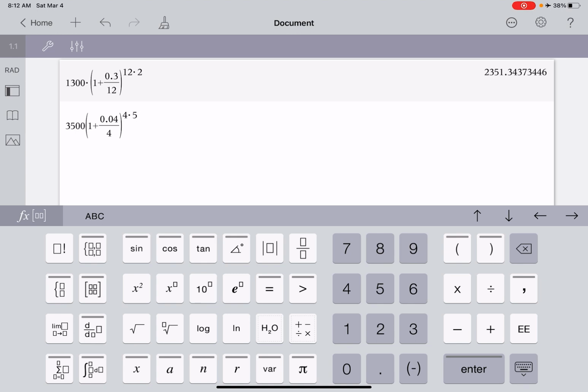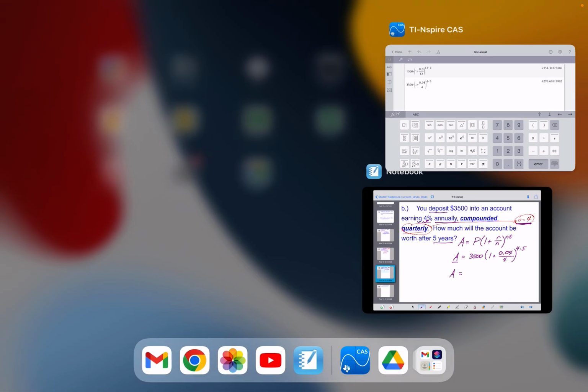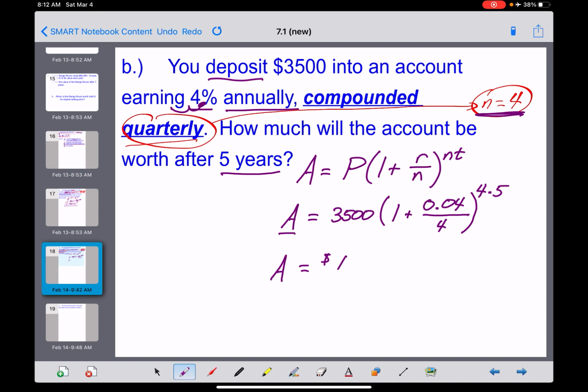That means there are 20 quarters at which our bank is going to recalculate our interest. And our answer here, guys, our $3,500 investment became $4,270.67. Remember, guys, in money problems, we always round to 2 decimal places.